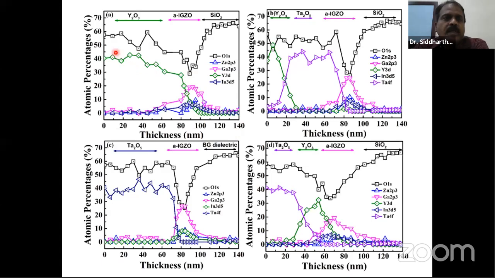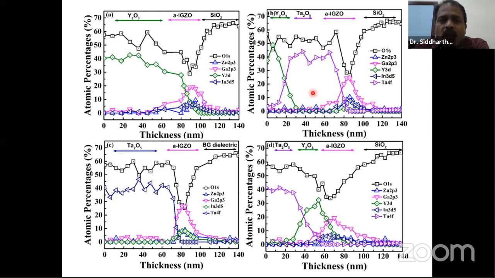What we see here are the XPS depth profiles for the different conditions. Wherever you see, for example, IGZO and silicon dioxide, we see a reasonably good transition. But whenever we have yttrium and IGZO, we see that the transition is not that sharp, and we see the same thing in other structures.